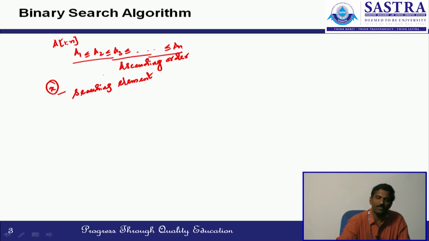In case X is available in the given array, we need to determine the corresponding index, and the index should be returned to the calling place. In case the searching element is not available in the array, we need to return a value 0, which indicates an unsuccessful search.